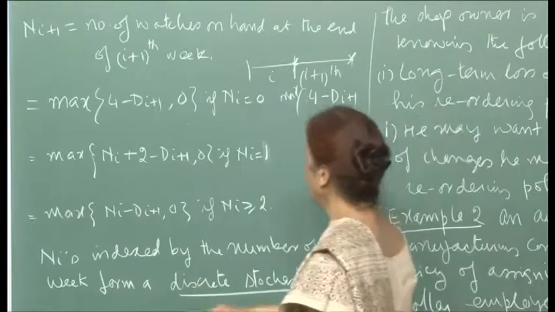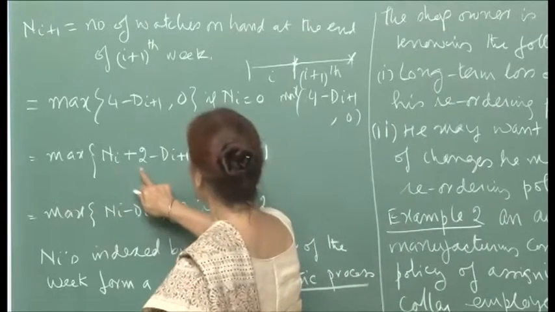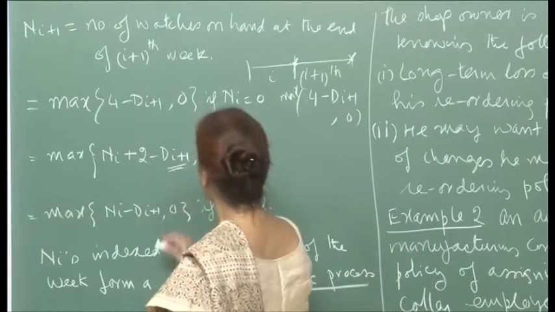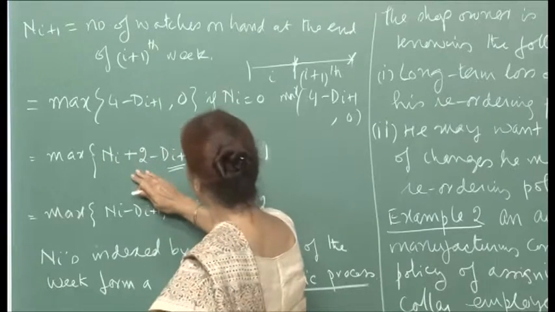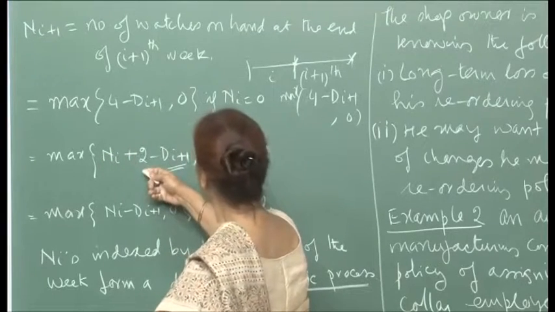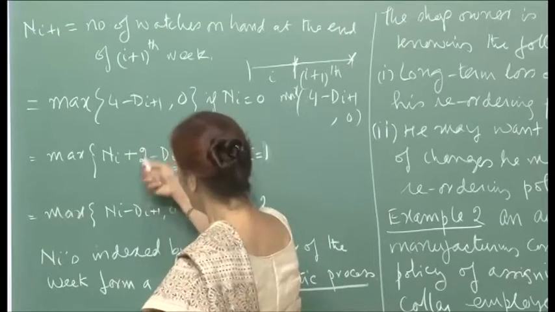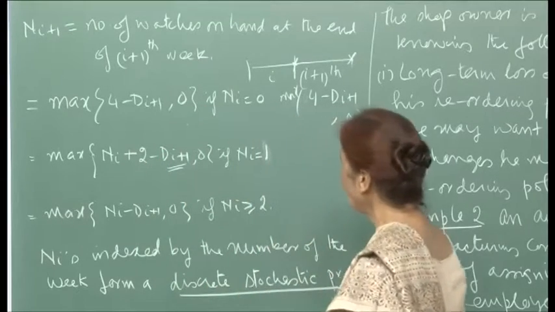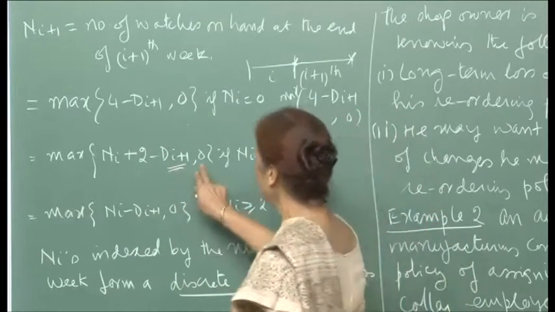So this will be N_i plus 2 minus again whatever the demand, and if this number is positive, then that will be taken as the number of watches on hand at the end of the (i+1)th week, otherwise it will be 0.